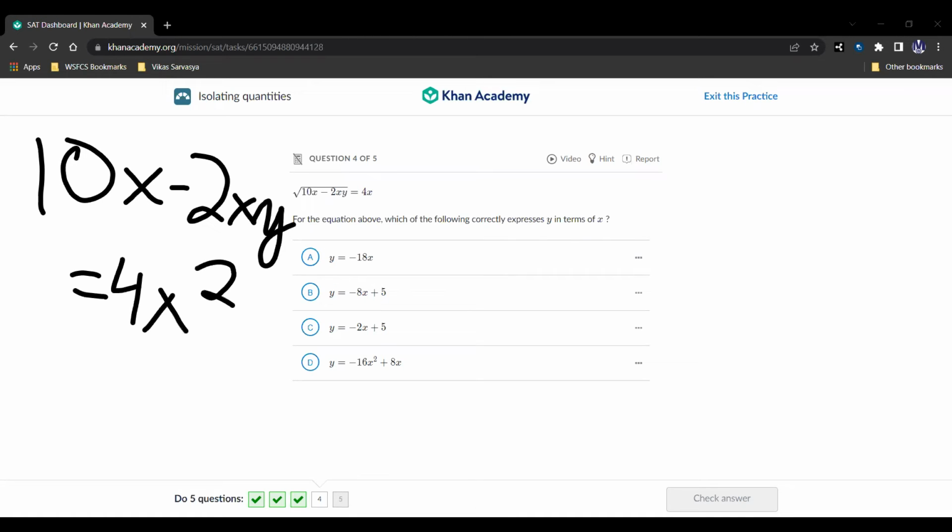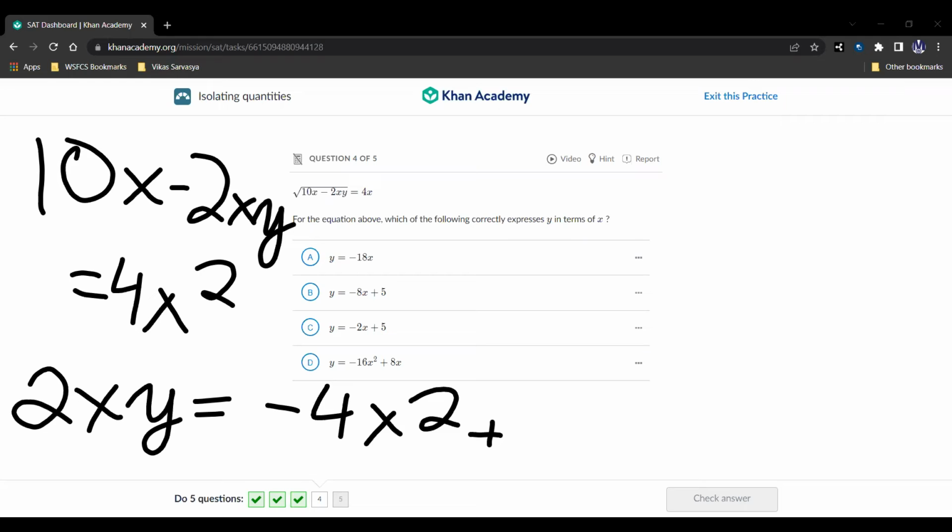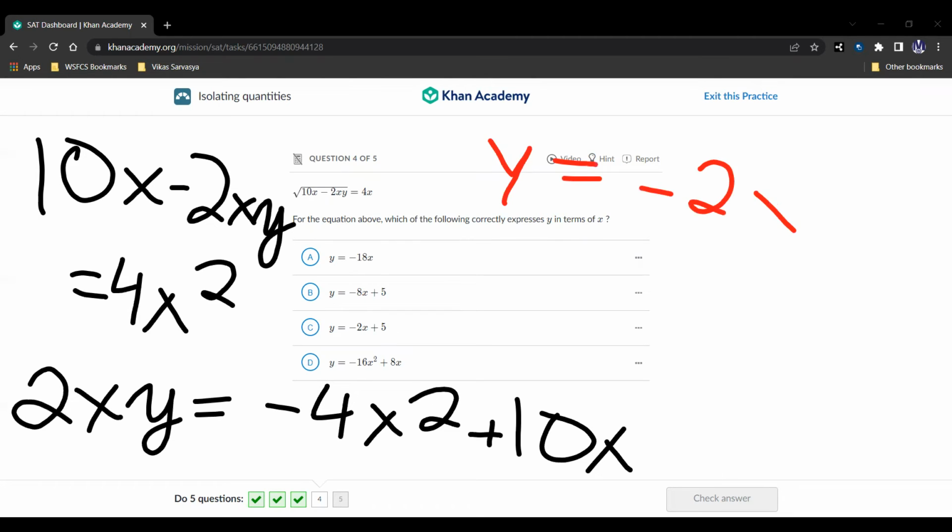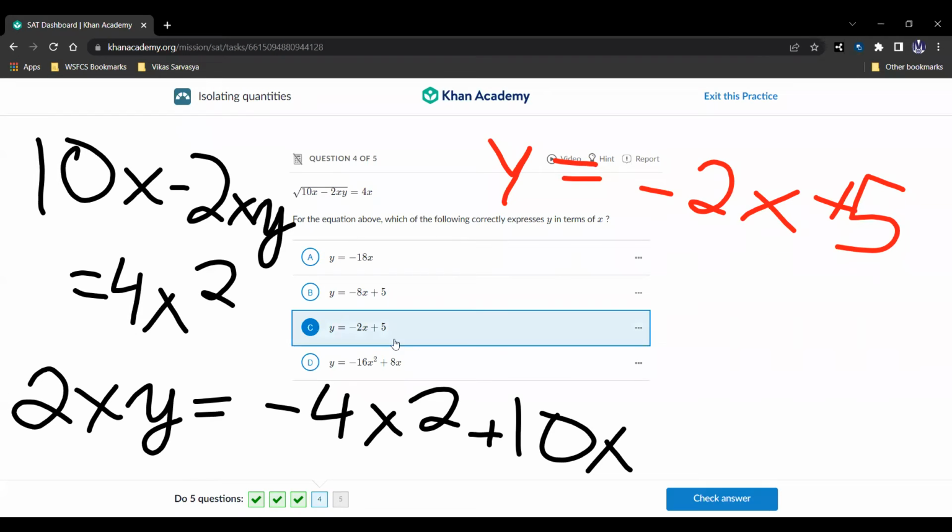We can add 2xy to both sides, subtract 4x squared from both sides to get 2xy equals negative 4x squared plus 10x, and then divide by 2x on both sides to get that y equals negative 2x plus 5. Looking at our answer choices, that is choice C.